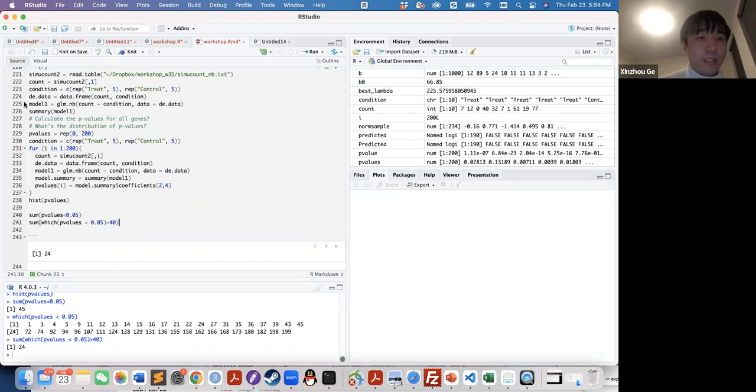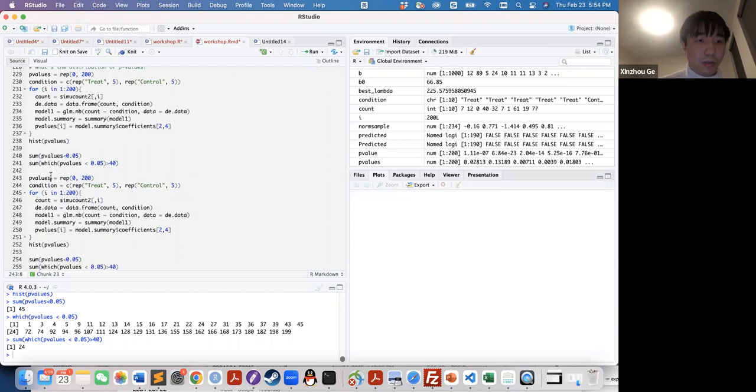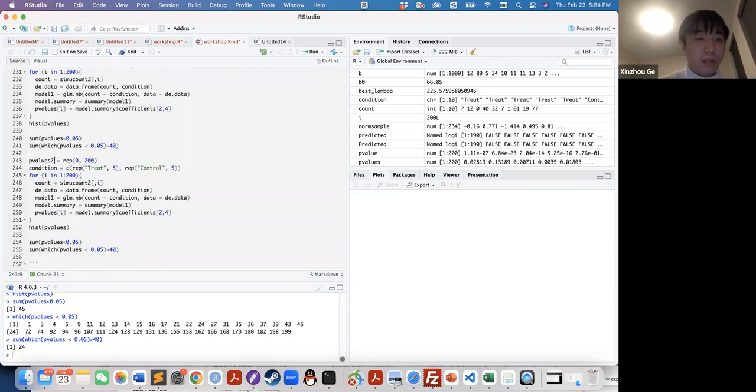So if we just copy these things, but we just change the name, maybe you can name it p-values Poisson regression.